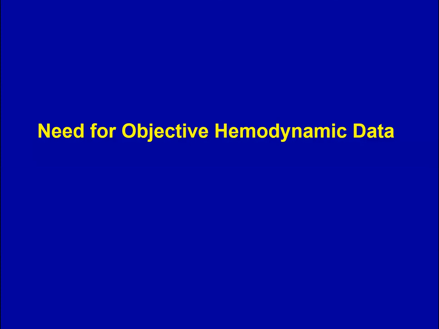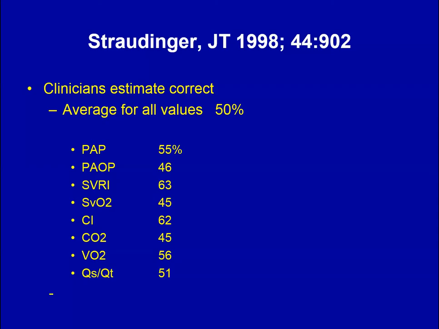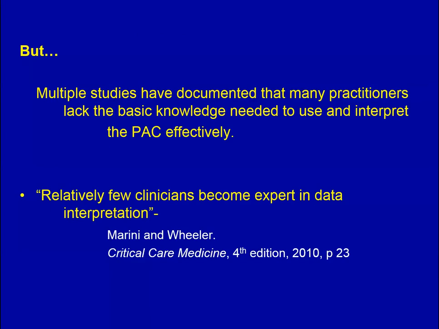Now, the reason why the pulmonary artery catheter became popular was the fact that we need objective hemodynamic data. In this study from about 20 years ago, they found that clinicians were right only about half of the time in estimating pulmonary artery pressures, venous saturation, cardiac output, and oxygen delivery.